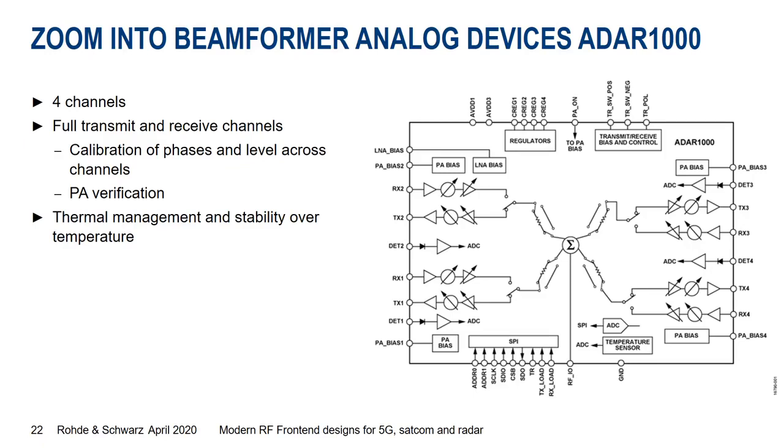Obviously, all of those transmit and receive paths need to be fully calibrated, and their behavior of phases and levels across the channels and across temperature understood, so that you can make really good beamforming and have a stable system over temperature. That's also why they typically have temperature sensors and feed that information back to the controlling device.